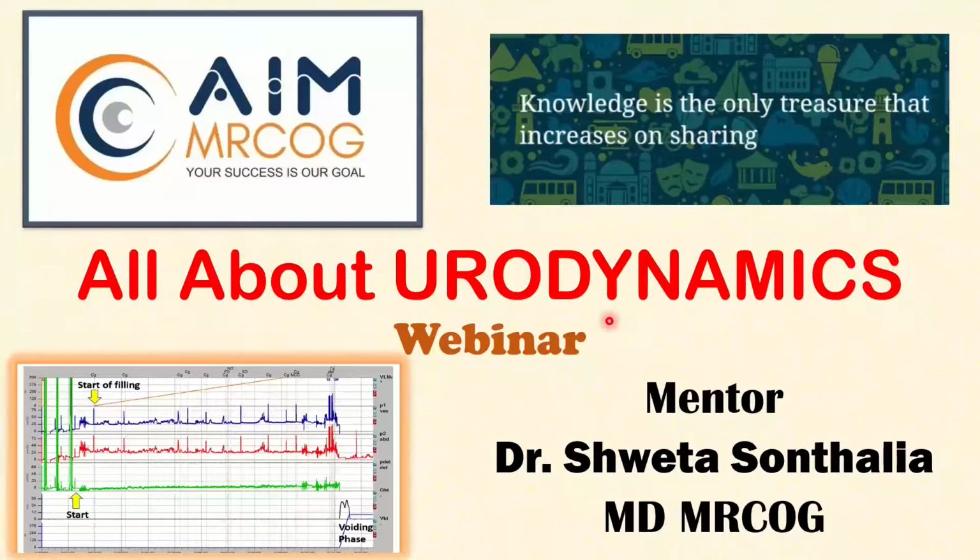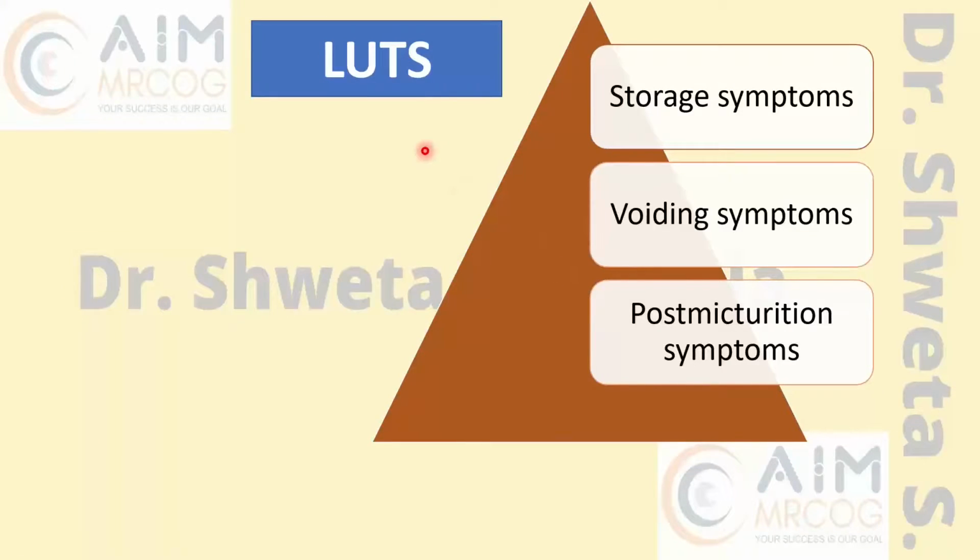So let us start. What are lower urinary tract symptoms? Because we are doing urodynamics for lower urinary tract symptoms. They are classified into three categories. One, storage symptoms. Second, voiding symptoms.